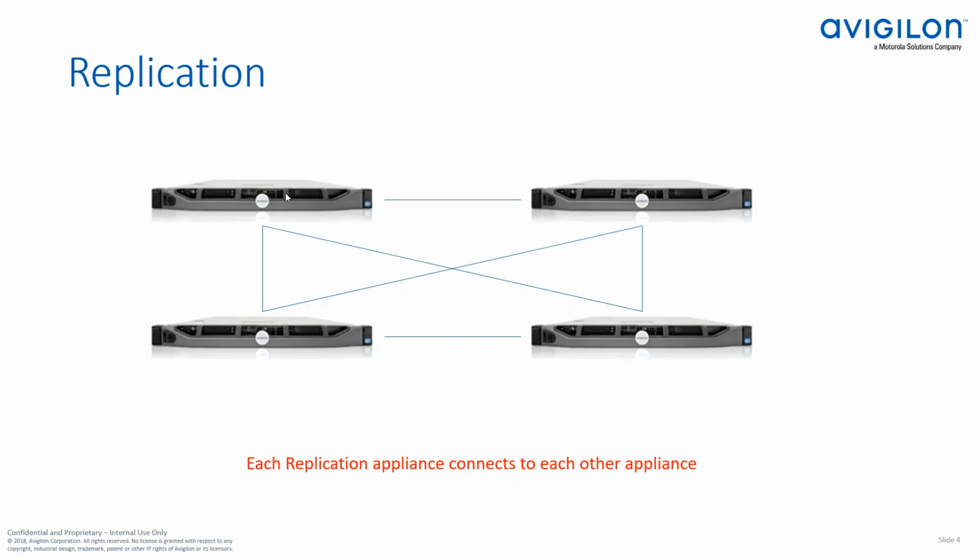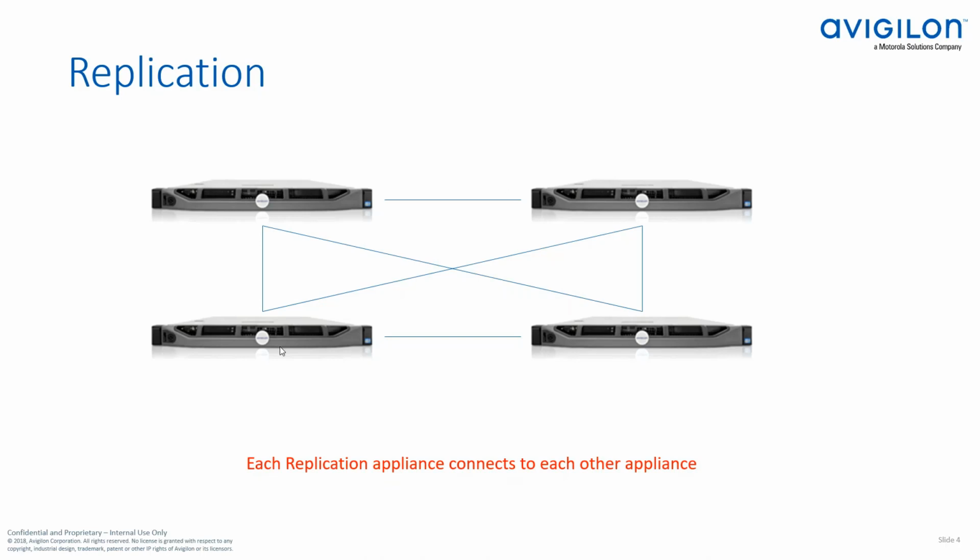So each machine will talk to each other machine. It's more a mesh network than anything else. Every machine talks to each other. So when you're creating the replication record, on every machine you'll create a record for all the other machines in the group. So they all talk to each other.